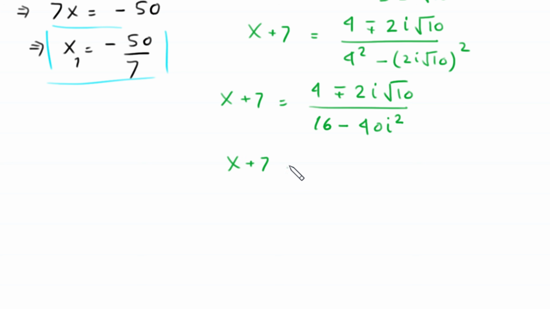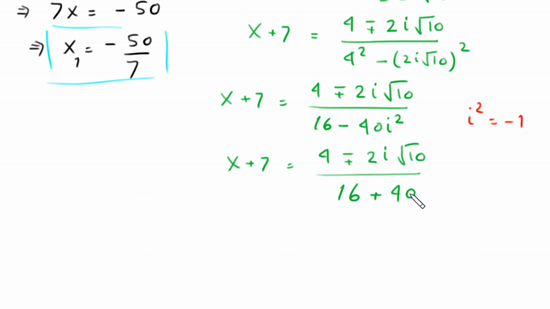Since i squared equal to negative 1, this will become 16 plus 40. Next, x plus 7 equal to, from the numerator we can factor out 2, 2 times 2 minus or plus i times root 10 divided by 16 plus 40, which will become 56.